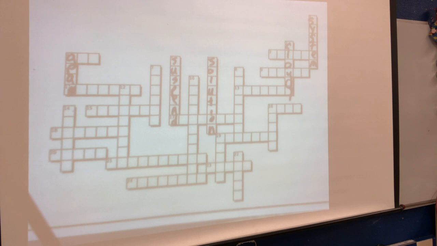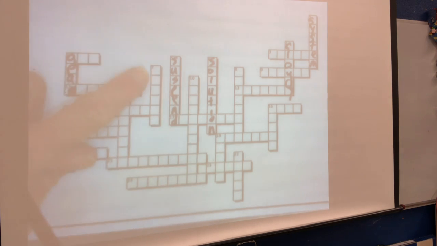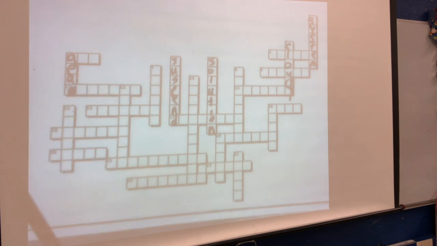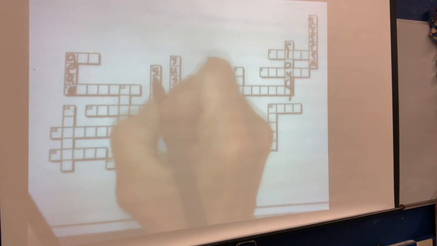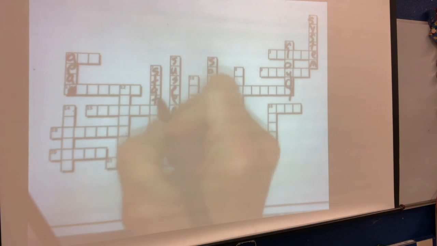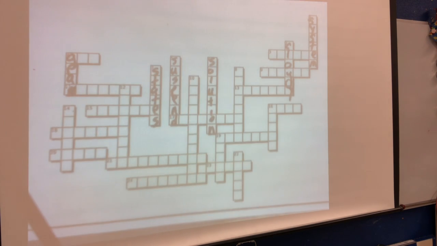Solid, liquid, and gas are blanks of matter. Number seven down. So we can call them forms of matter or states of matter. States of matter.